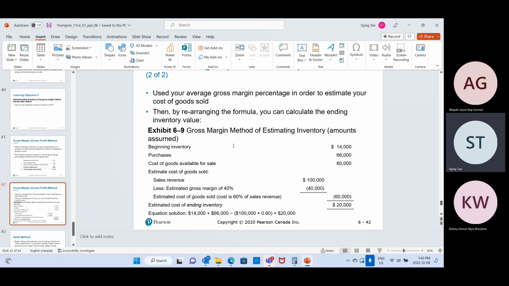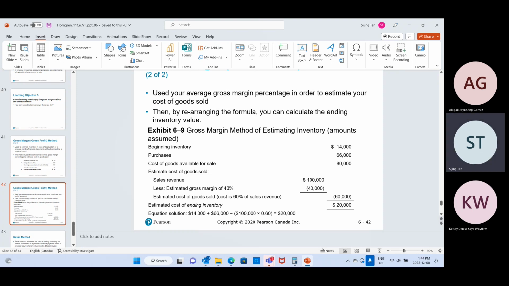Now, the example we're showing is the gross margin method of estimating inventory. We use our beginning inventory, 14,000, and new purchases, 66,000. Cost of goods available for sale, adding those two, is 80,000. Now we need to estimate the cost of goods sold. We have sales revenue, given as $100,000.